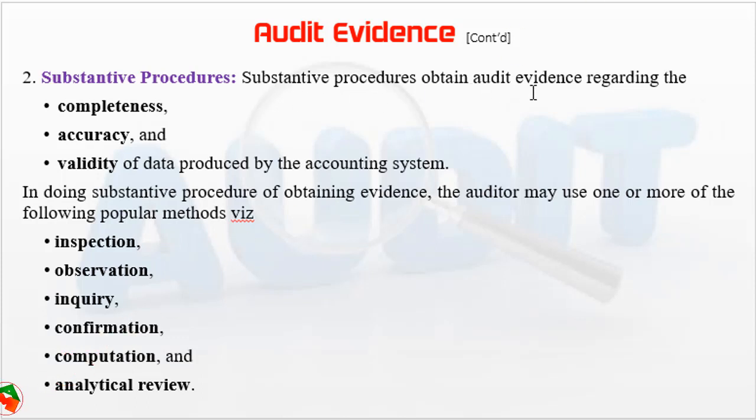To obtain audit evidence regarding completeness, accuracy, and validity, the auditor can apply any of the following methods, such as inspection, observation, inquiry, confirmation, computation, and analytical review. These are the methods by which the auditor can apply the substantive procedure to obtain the audit evidence.